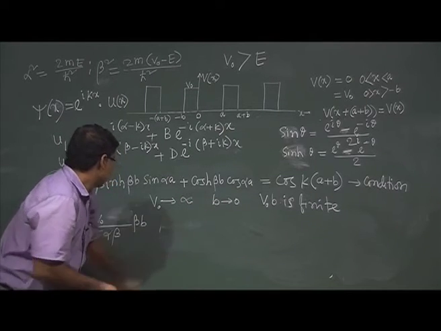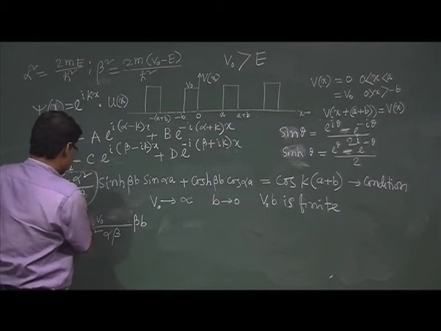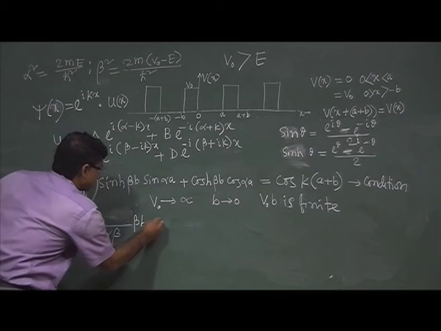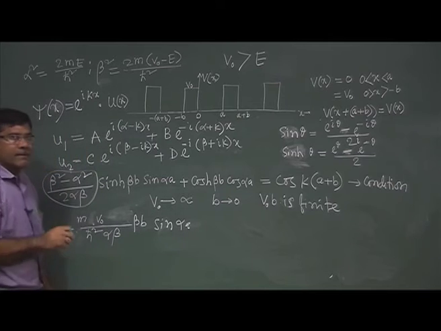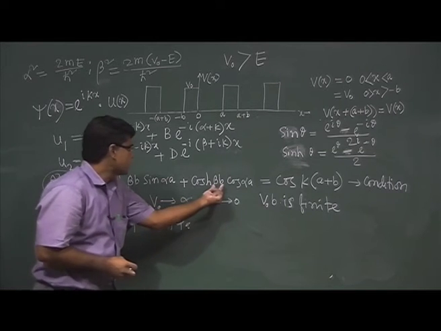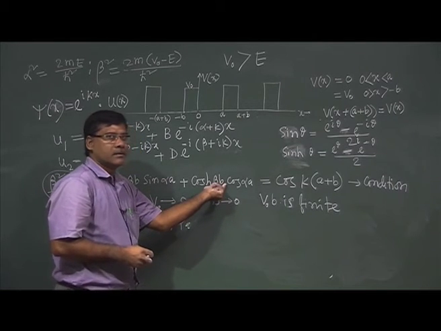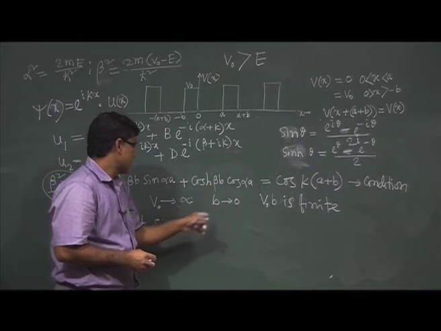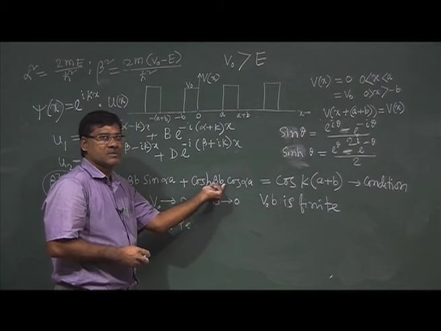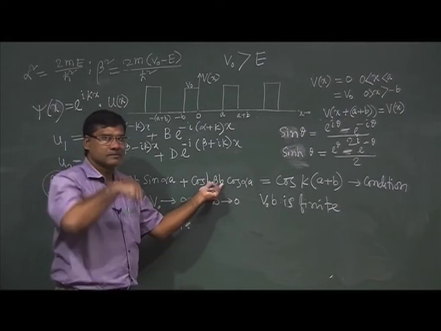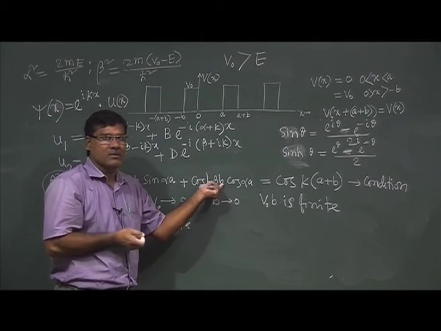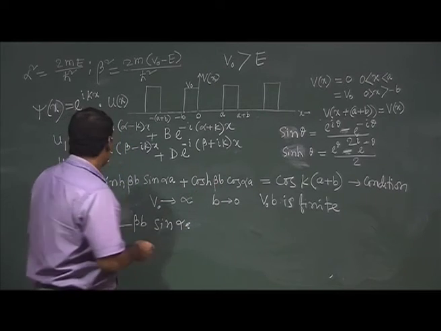Then I will get here this, and then sin alpha a plus this will be, beta b tends to 0, so cosh of a small value can be written as 1.